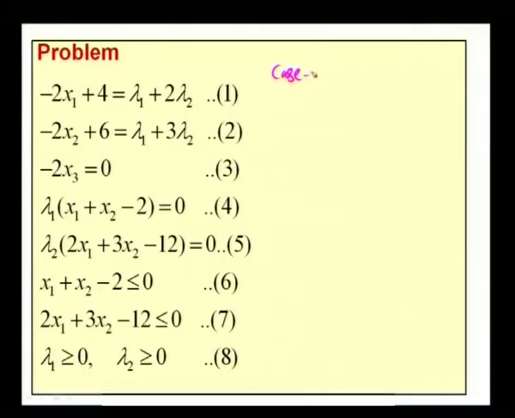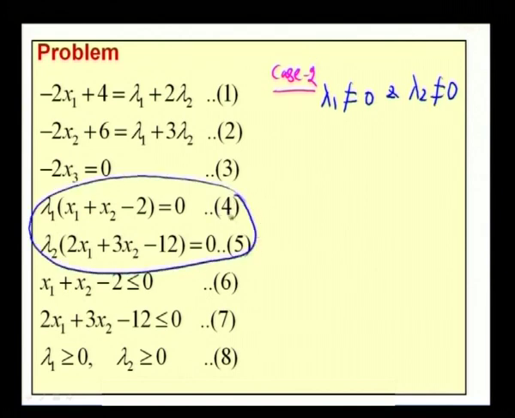Now, we will consider the next case, case 2. Case 2 is where both values are non-zero, both lambda 1 and lambda 2 non-zero. Both the Lagrangian multipliers take non-zero values. Since lambda 1 is non-zero and lambda 2 is not 0, from equations 4 and 5 we get the following. Since lambda 1 is non-zero, this term should be 0.